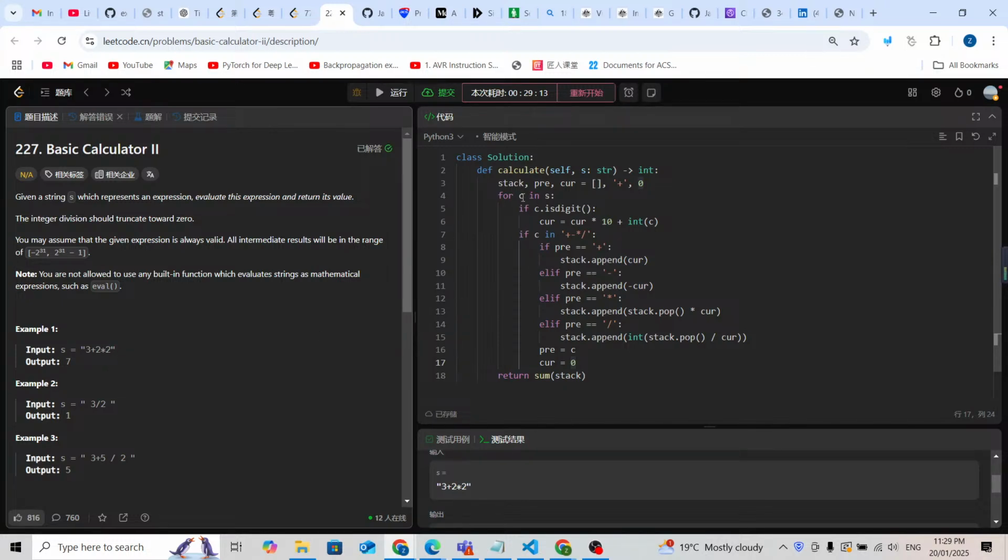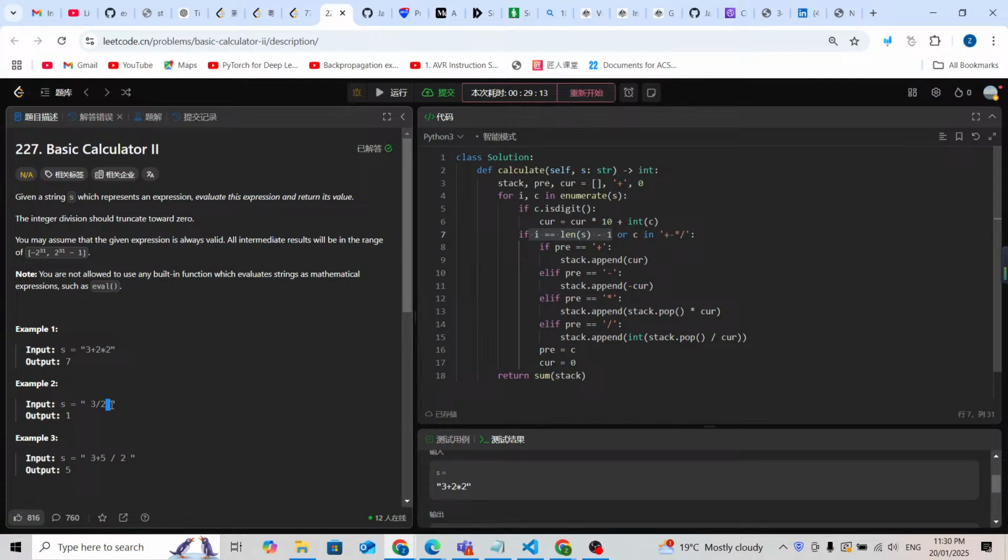So let's use enumerate on the string. I want to check if this is the last character, which is the length of the string minus 1. If it is the last character, for example here, currently we put all those numbers inside the stack, and we didn't finish the calculation.